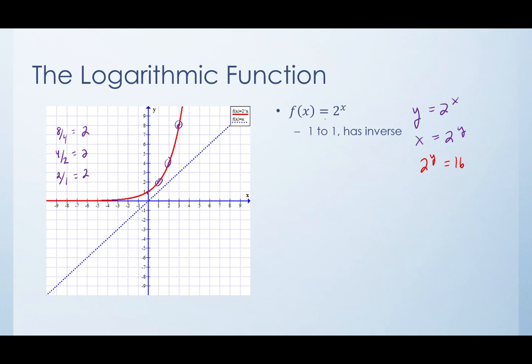I'm going to keep it y because we're trying to go for the inverse, right? We can look at this and say, 2 to the y equals 16. Well, y has got to be, let's see, 2, 4, 8, 16. That is 2 to the 4th. So 2 to the 4 is going to be 16.